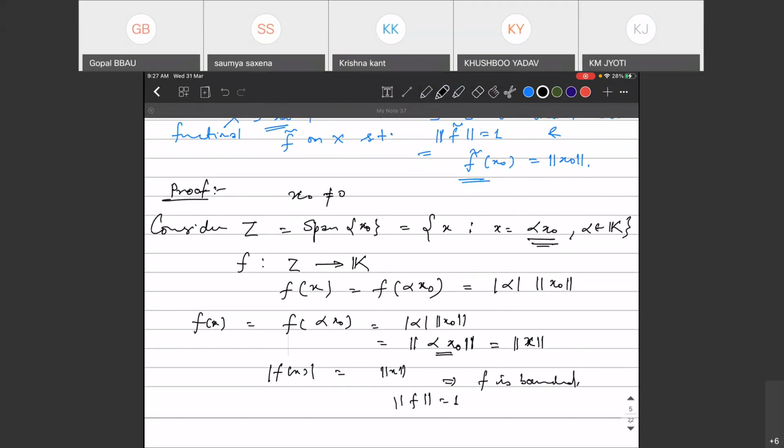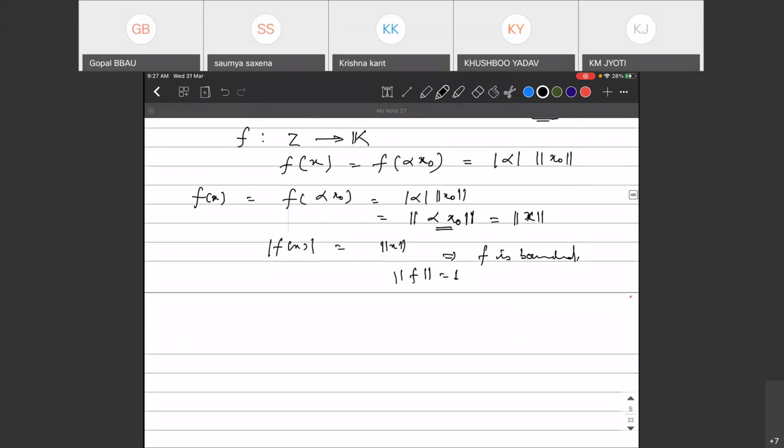We wanted a functional with norm 1 that takes the value norm x naught at x naught. Correct?